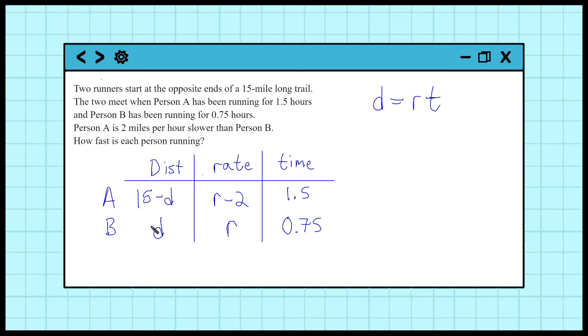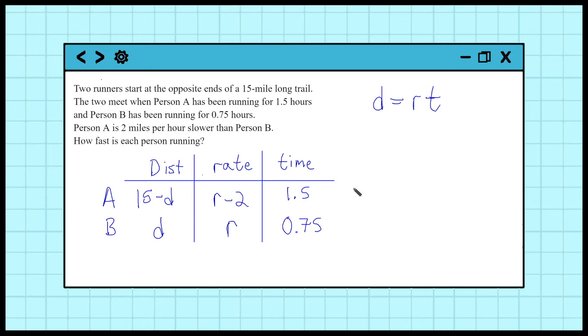Okay, so now we have our distance, rate, and time information for both of our people. So we can essentially create an equation because distance equals rate times time. In my first one here, I'm going to switch some colors up.